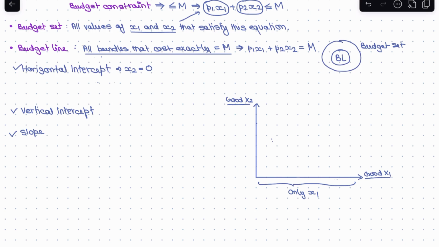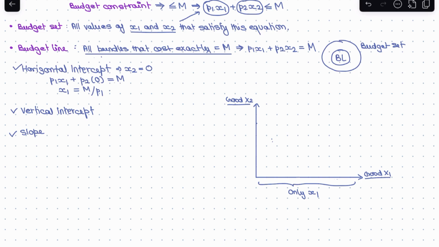So our budget equation would be like this. P1 into X1 plus P2 into 0 should be equal to M. In other words, X1 would be equal to M upon P1.